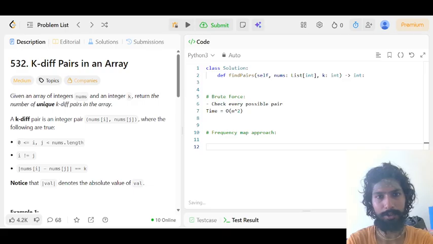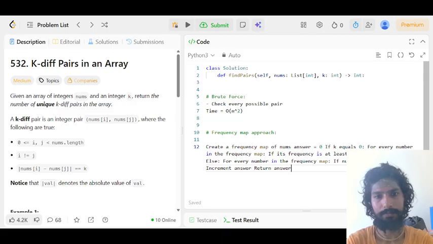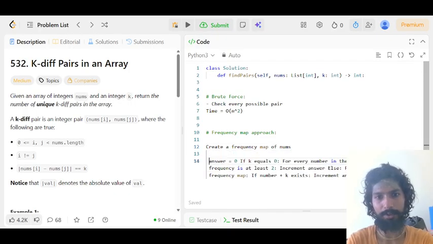So let us quickly write down the pseudocode. We need to create a frequency map of nums, then initialize answer equal to 0.